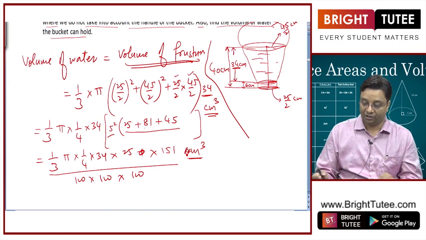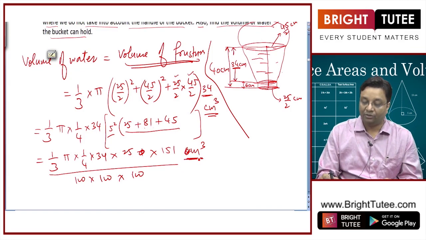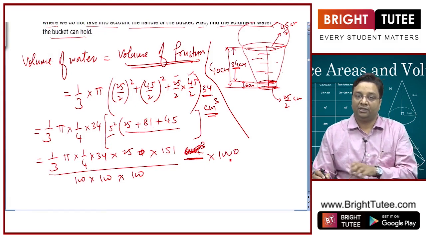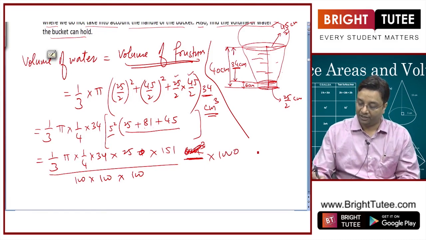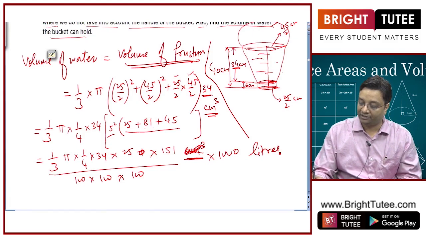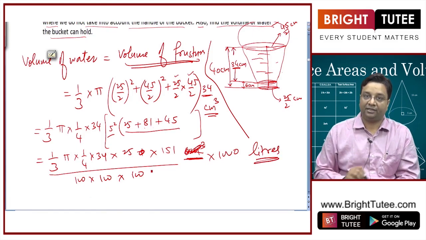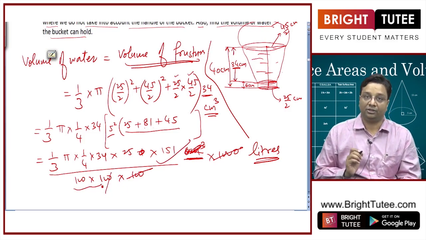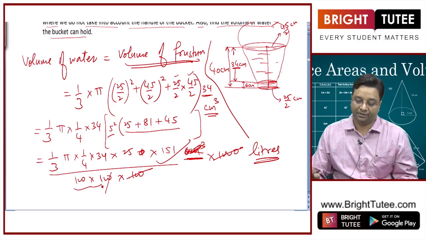So I have converted into meter cubes. Now if you want to convert it into liters, you will have to multiply it by 1000, because 1 meter cube will have 1000 liters in volume. So this is the volume in liters that this bucket can hold. So effectively you will do this calculation and divide it by 1000 to calculate the volume in liters.